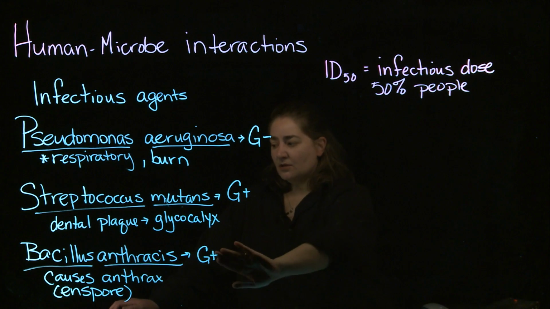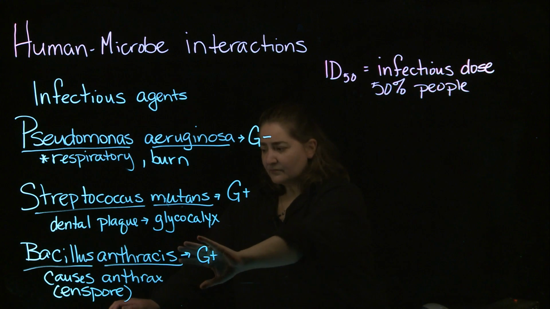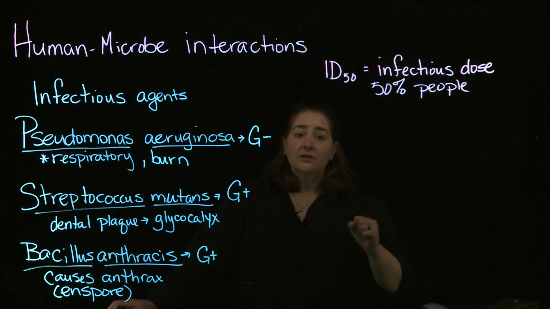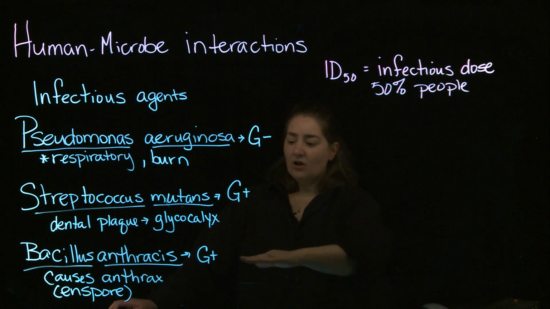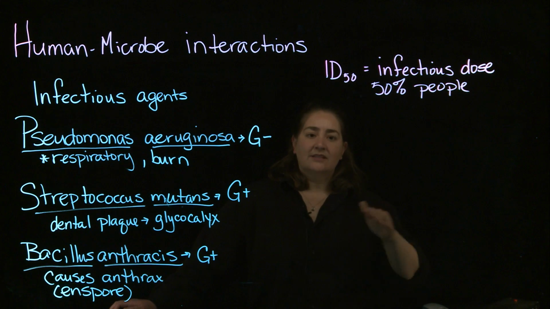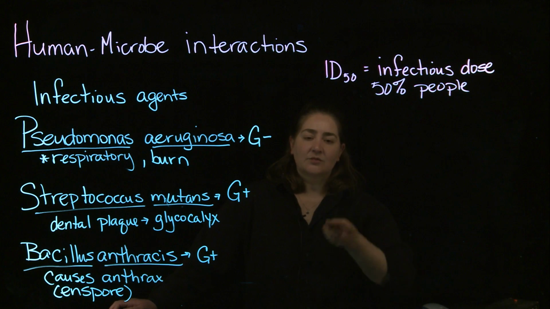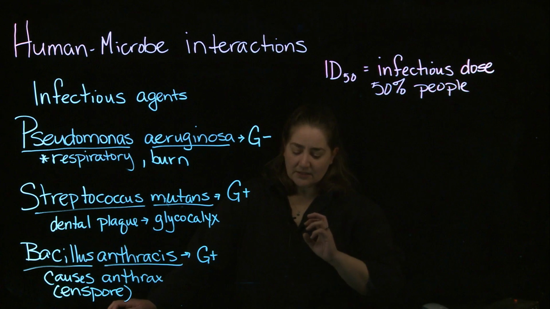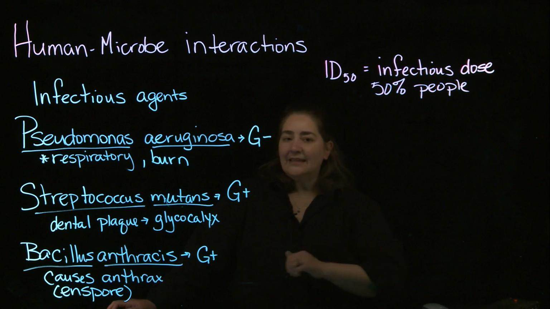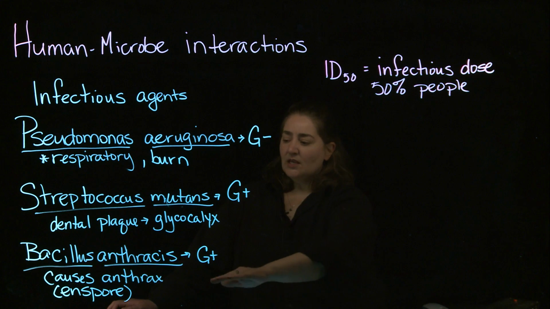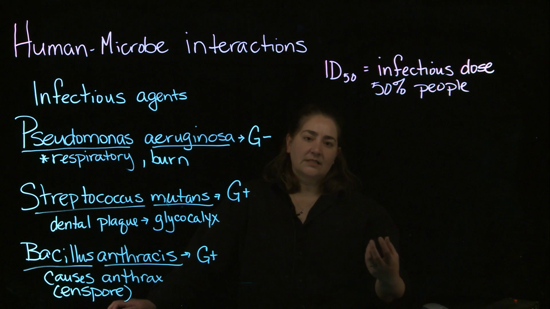So with anthrax, skin, you don't need very many spores at all. Inhalation, you need many more spores. And if you're talking about ingesting it through the digestive system, you're looking at needing maybe 500,000 of those bacterial endospores in order for the pathogen to take hold.